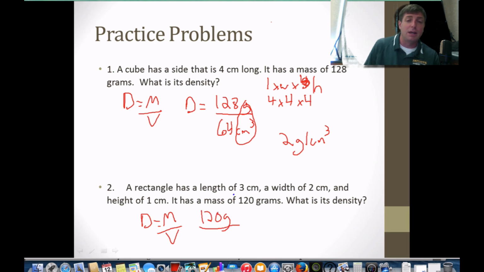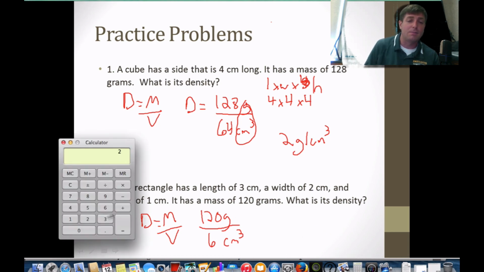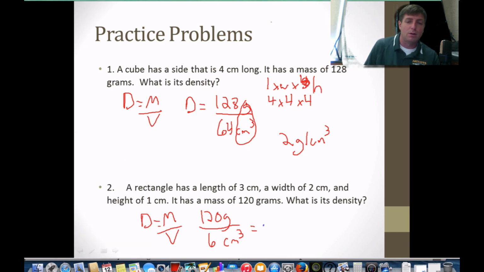And our volume, again, length times width times height, or 3 times 2 times 1, is going to be 6 centimeters cubed. So we pull up the calculator. We do 120 divided by 6. And we're going to get an answer of 20, or 20 grams per centimeter cubed.